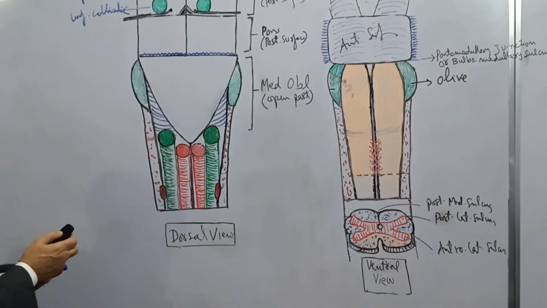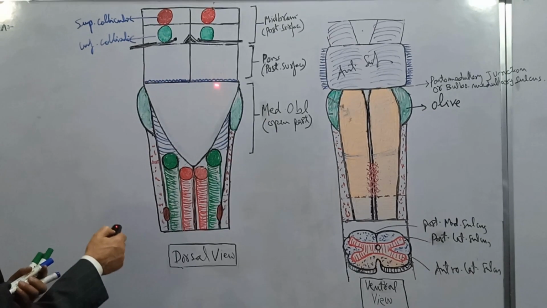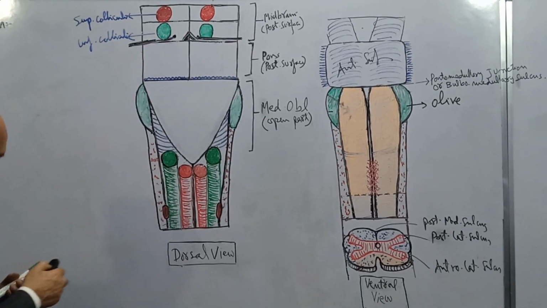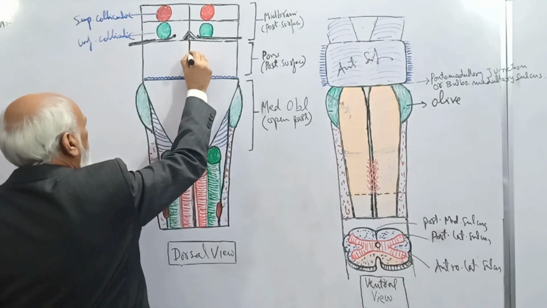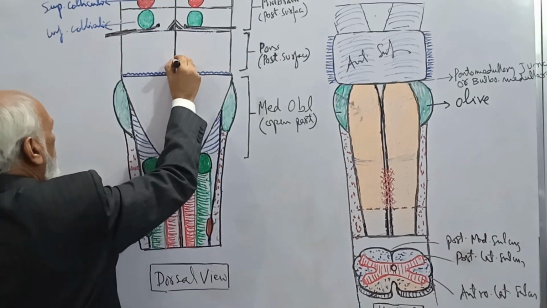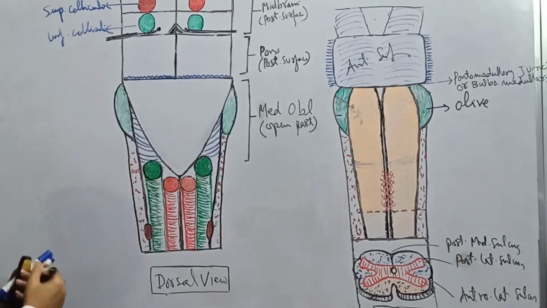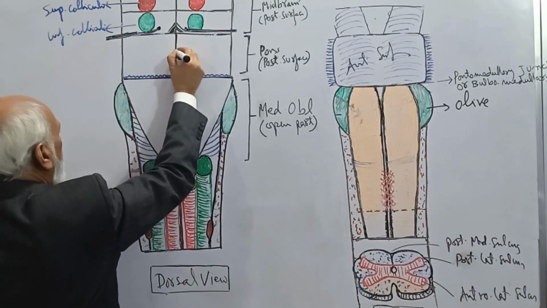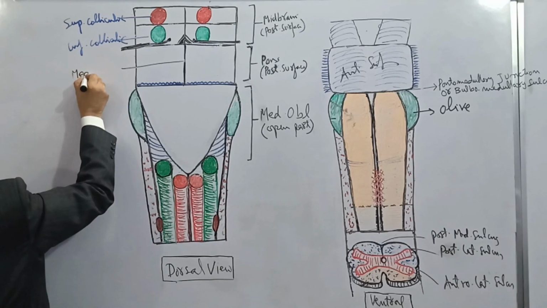Now, what are the external features of the posterior surface of the pons? Now, you know there is a median sulcus dividing the posterior surface into right and left equal halves. This is the median sulcus.